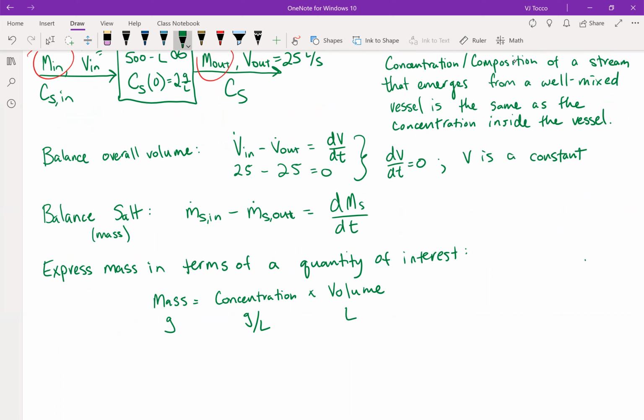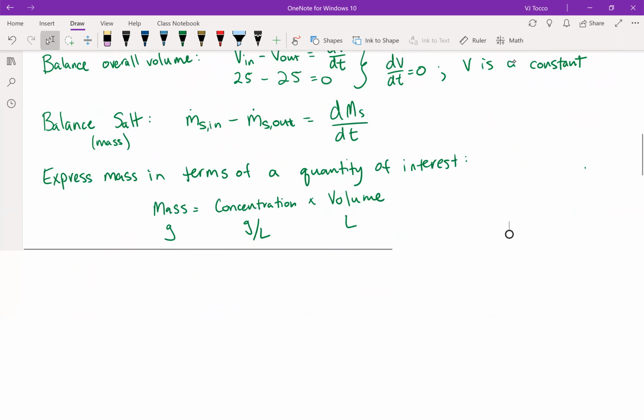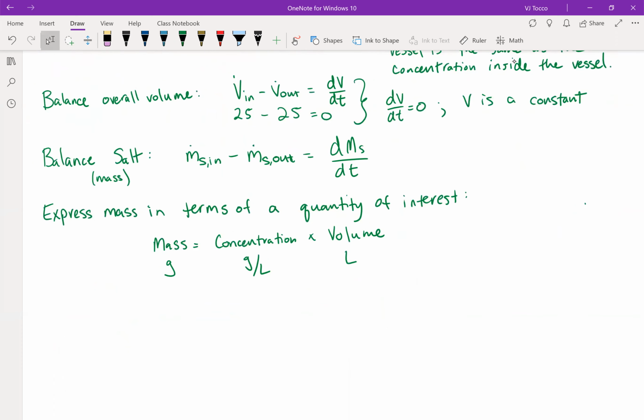So I'm now going to replace in my mass balance on salt these terms with the terms of concentration and volume. The mass of salt in, I'm going to rewrite to say that it is the concentration of salt in the inlet stream times the volume. Sorry, that V should have a dot. The volumetric flow rate is a flow rate, so that one needs a dot.